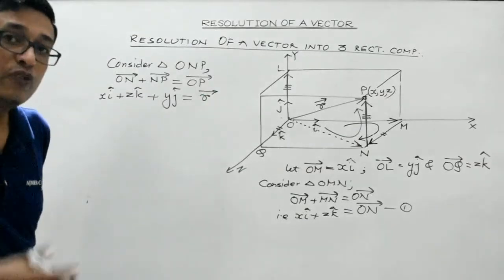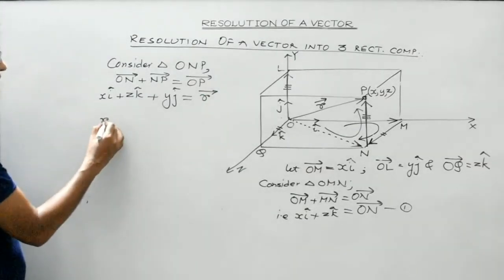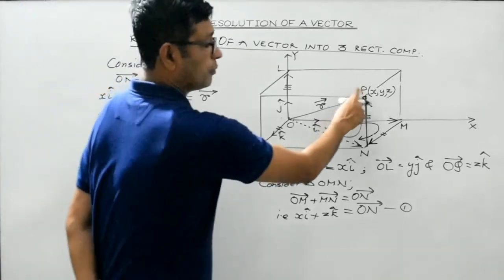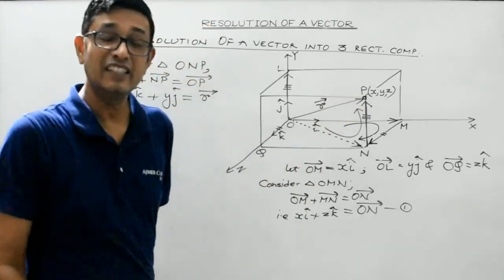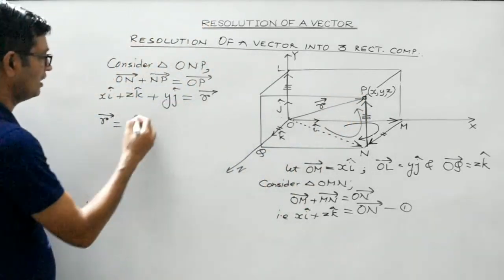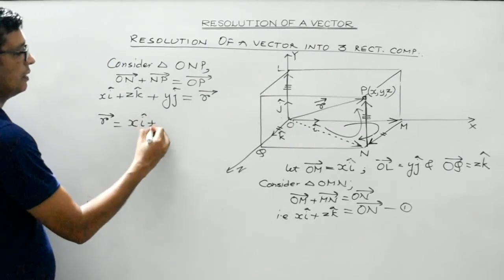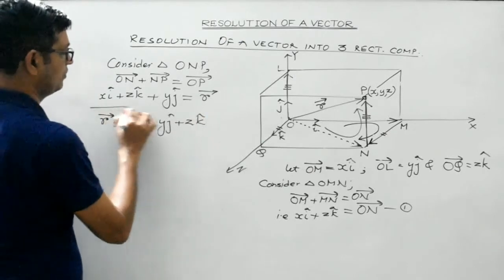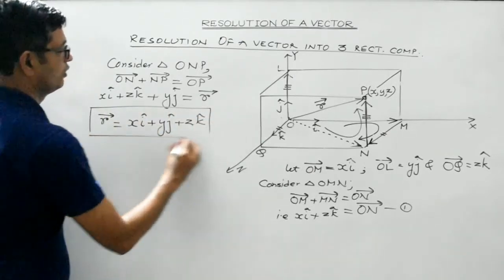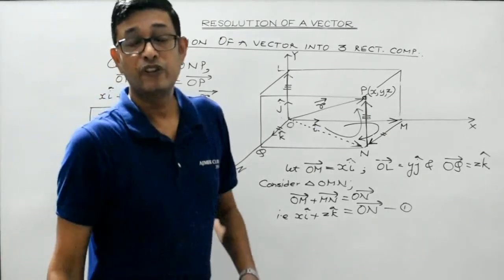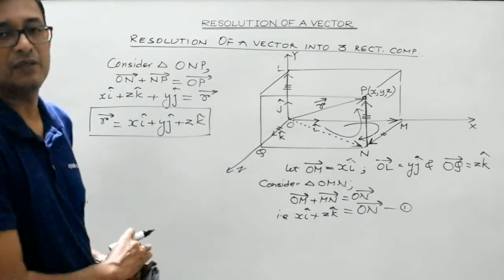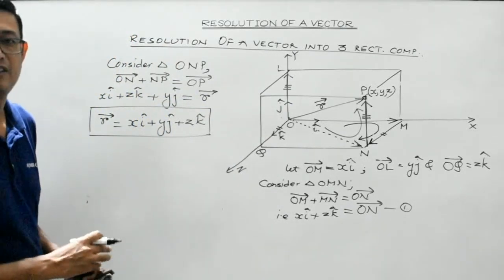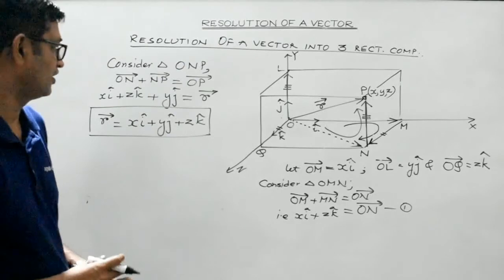So students, what we have derived is if the coordinates of a point in space are x, y, z, then its position vector is given by x i cap plus y j cap plus z k cap. So this is what we have proved mathematically by using vector algebra, by using triangle of vector addition.